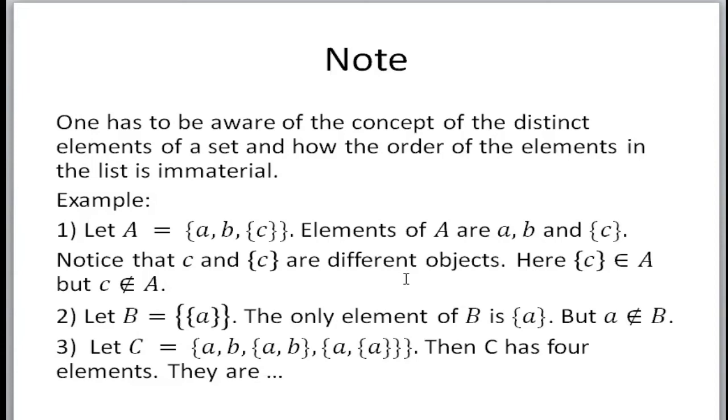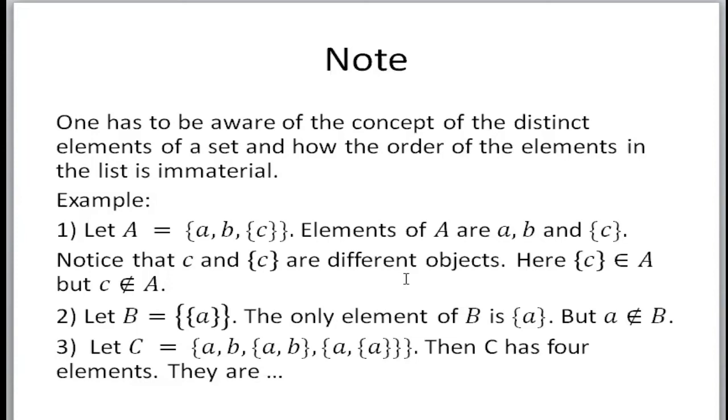It means that a single element, as a single member of a given set, should not be repeated more than one time. So that's why the word distinct is very crucial in defining a given set. A single element must be written once.